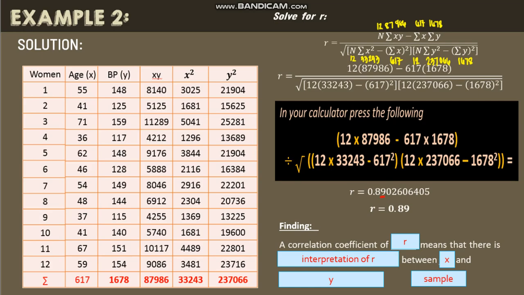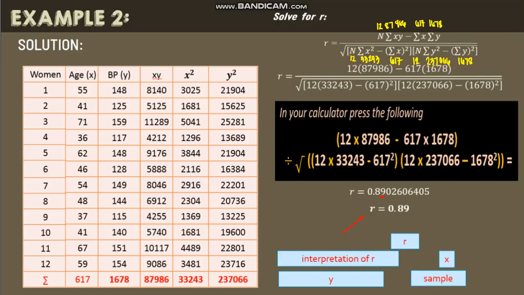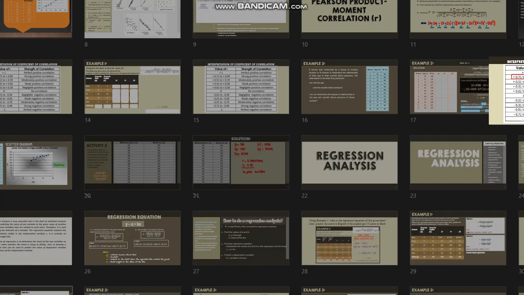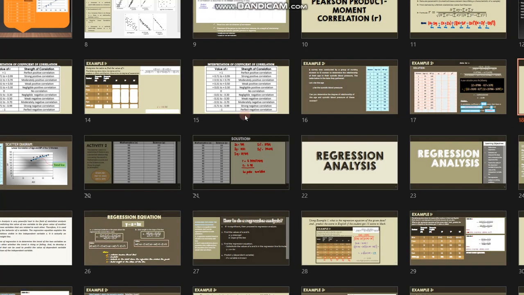You write the verbal interpretation between the X. Ano po ba yung X natin dito? And then yung Y natin of the sample. Ano po yung sample na ginamit? So, a correlation coefficient, yung po yung value ng R natin. So, lalagay nyo po dyan yung positive 0.89. And titingnan naman po natin yung verbal interpretation ni 0.89 sa table. So, eto nandito po ang ating 0.89 positive. So, we have a strong positive relationship.